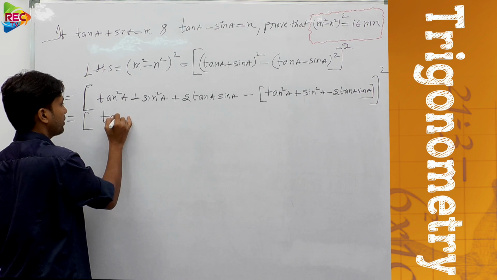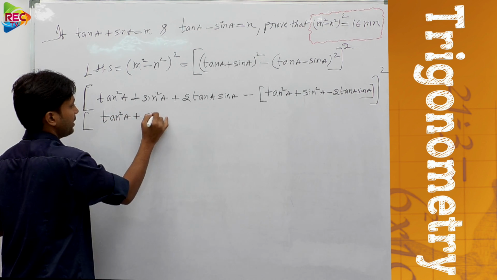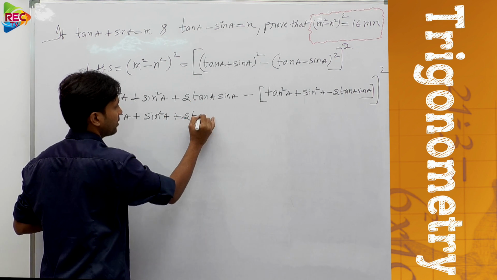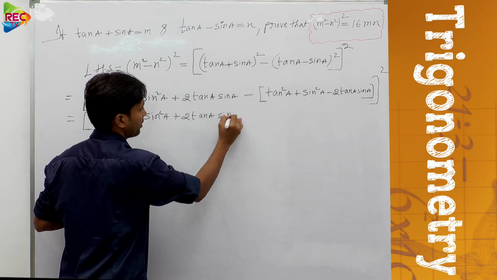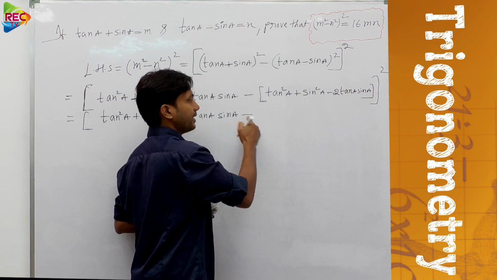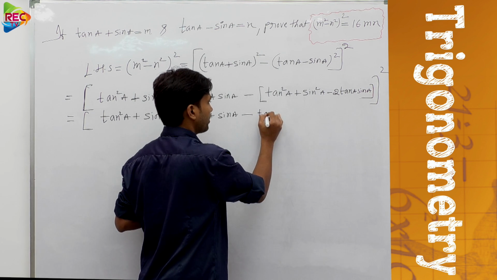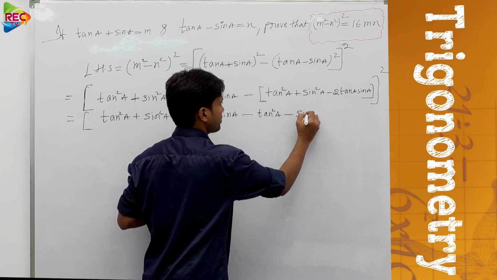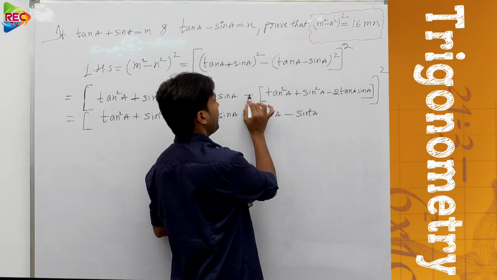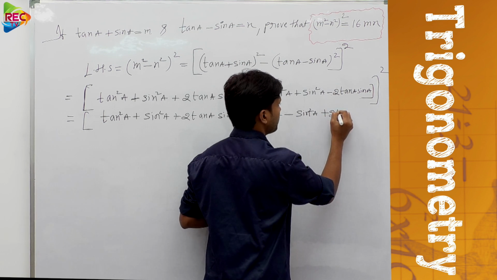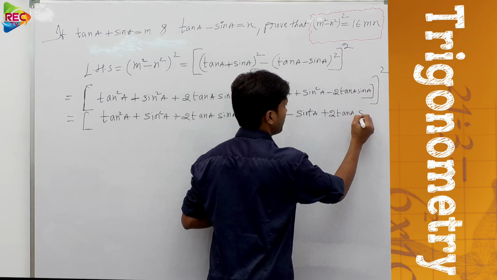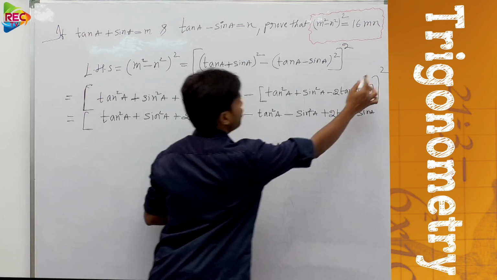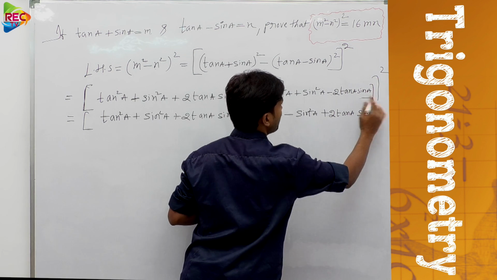Tan square A plus sin square A plus 2 tan A sin A, minus into plus, minus tan square A, minus into plus, minus sin square A, minus into minus, plus 2 tan A sin A, right? Now for this entire expression we wrote whole square, no? So here also we will write whole square.